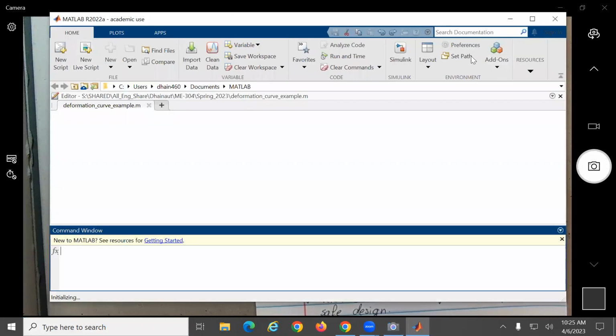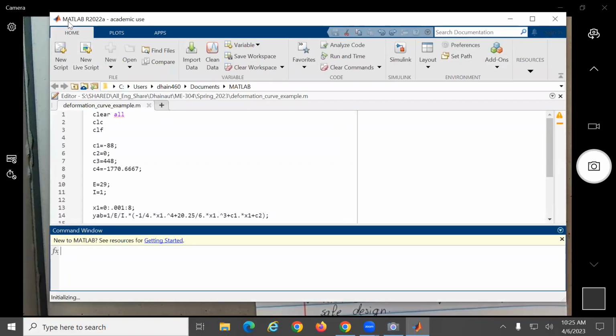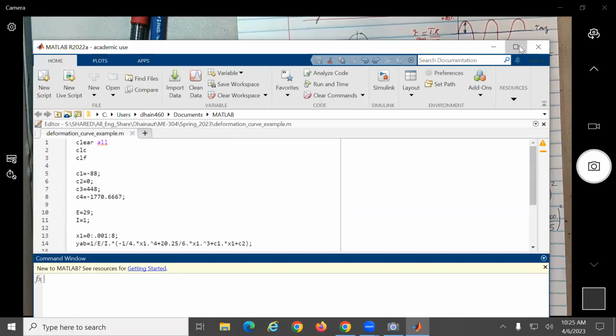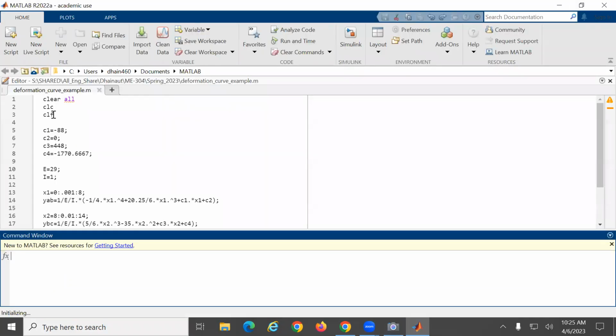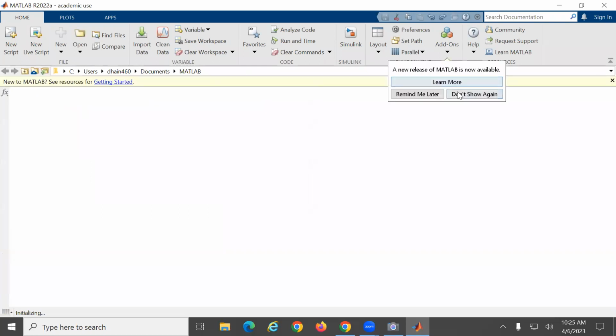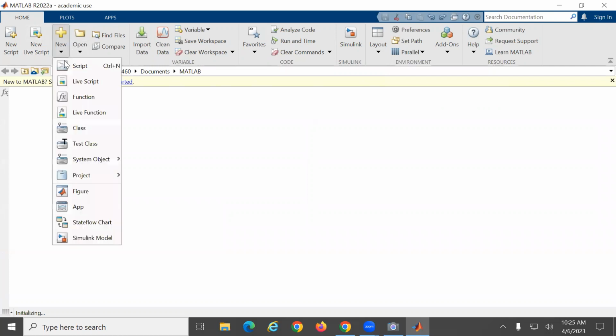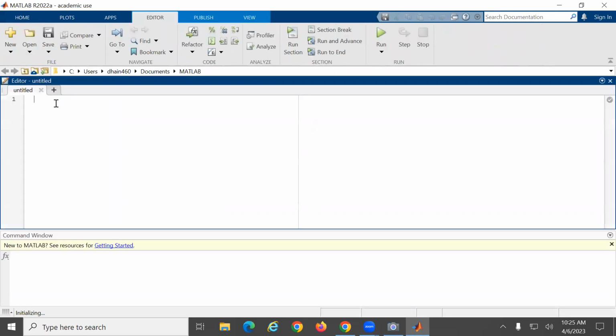Help me here a little bit. Let's try to do this live. I think this is an old example from us. Don't show me again. New script. I like script. I'm not that good at it because when you create a section, you can only execute that section, and then I get crazy because I like to execute everything.